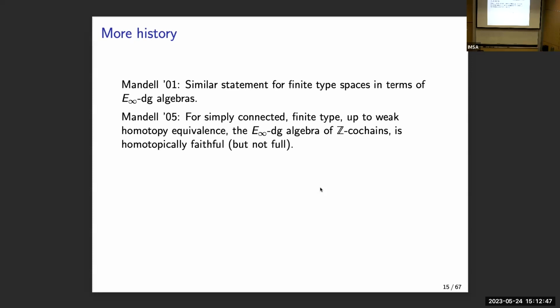Two spaces with those hypotheses are weakly homotopy equivalent if and only if their E-infinity DG algebras of cochains are quasi-isomorphic. So it's a complete invariant in that sense, but this functor of cochains is not full.